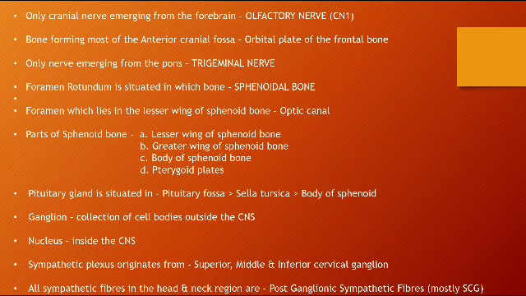Here you need to use your common sense. When the sympathetic nerve ascends upwards through the inferior, then the middle, and then the superior cervical ganglion, where does the relay occur? The relay occurs outside the CNS, in the superior cervical ganglion, in the neck only, because all these ganglia are present in the neck.